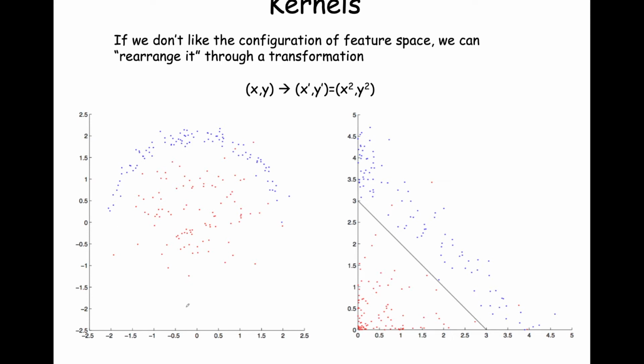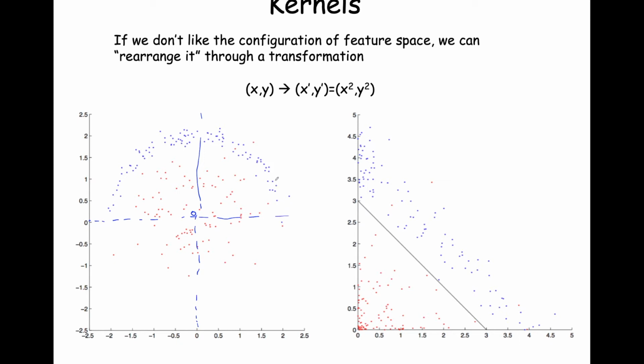If you look at the axes, we have the origin for the horizontal axis here, and the origin for the vertical axis here. So right in the middle of this coordinate system, that's our origin. And if you look at the points, we notice that for the most part, the red points are closer to the origin, and the blue points are further away from the origin in this feature space.